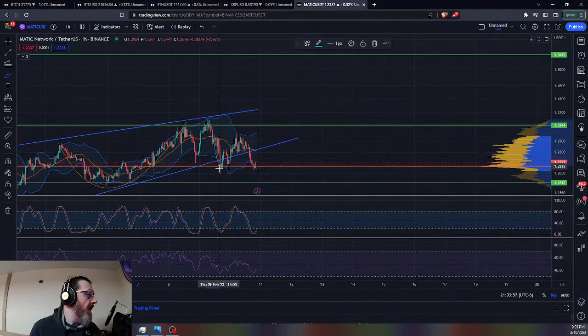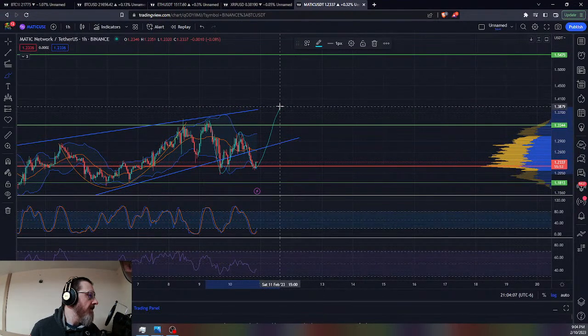what might happen. So we've got kind of this possible W pattern, and we've got a higher low there. So I think possibly we'll swing back up here.